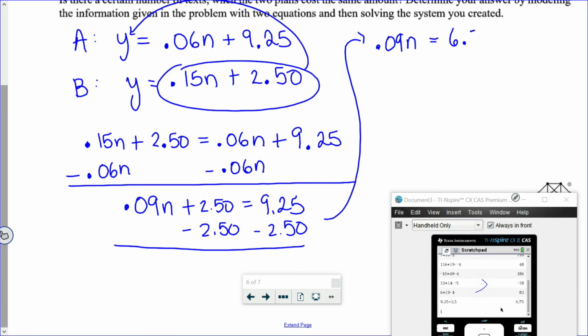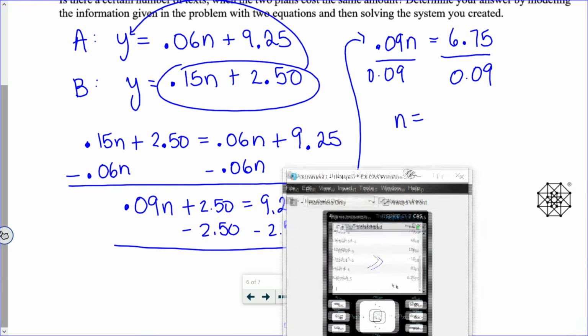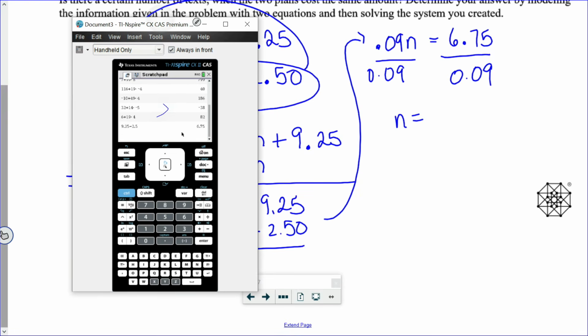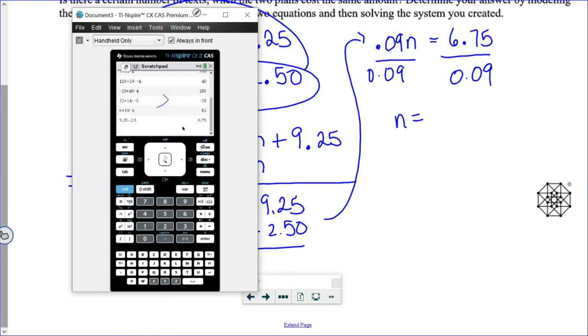So I got 675, and now I'm going to divide both sides by 0.09, and n. I've got to keep moving my calculator around, maybe make it a little bit bigger. There we go. 675 divided by 0.09 gives me 75.